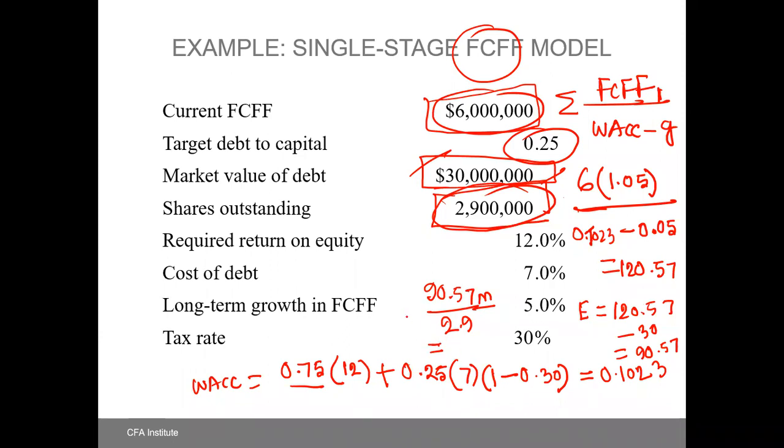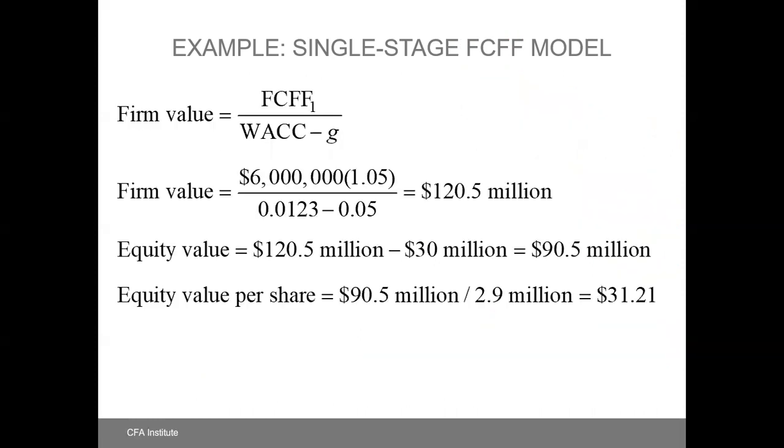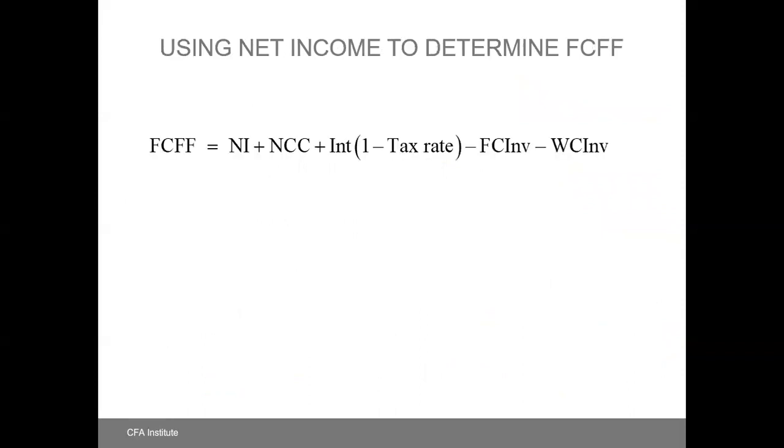Equity value per share is $31.23. That is here, 31.2321. There might be little changes for decimals. That is not the big issue.